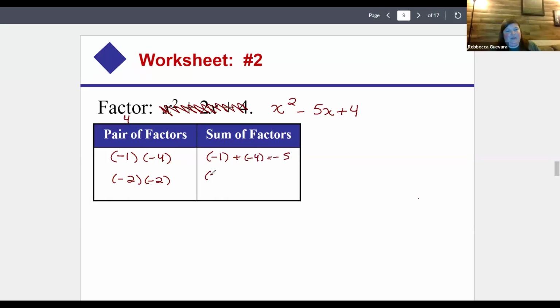If we sum negative 2 plus negative 2, we get negative 4. So we didn't want them to sum to 4. We wanted them to sum to that negative 5 in the center. So this one's factors would actually be x minus 1, x minus 4.